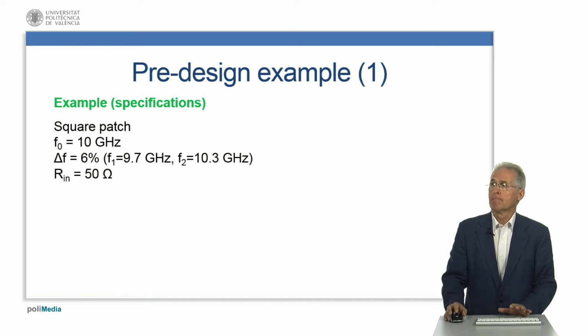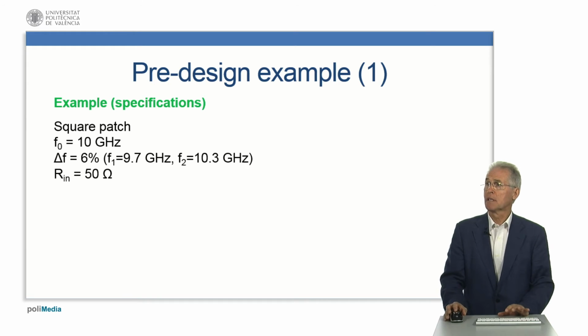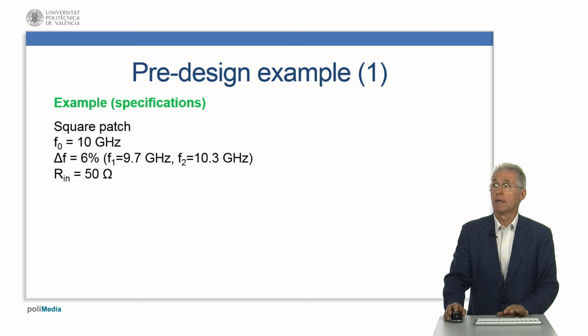We choose a good substrate, a Rogers RT Duroid 5880 with dielectric constant 2.2, loss tangent at 10 GHz of 0.0009, and we have estimated the thickness of the substrate according to the previously indicated criteria taken from the figure of the bandwidth as a function of h over lambda 0, and we reached a thickness of 1.575 millimeters.